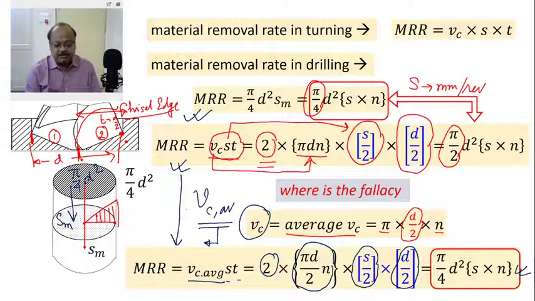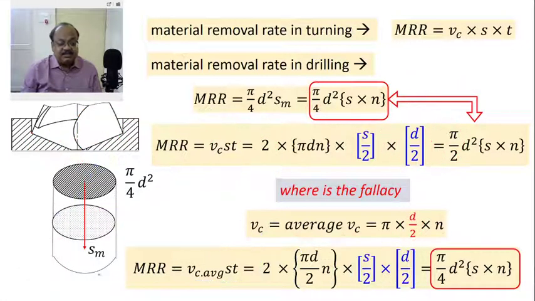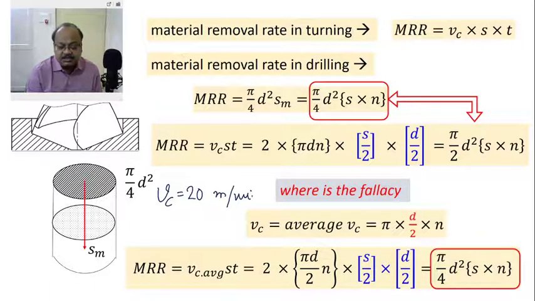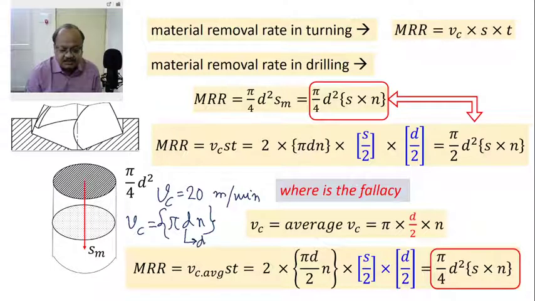In drilling also you can use VCS and T, but the only thing is that instead of VC, you have to replace it by VC average. Having said all this, I would like to remind you that generally the nomenclature is that whenever someone says VC is 20 meter per minute, they are not talking about average speed, they are talking about this one for a drill, where this D is the drill diameter.